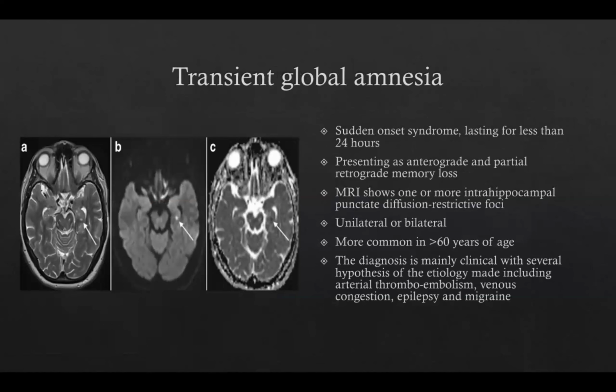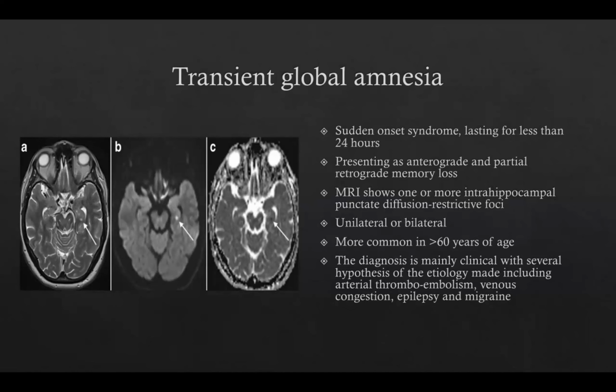In patients, especially older than 60 years of age, the patient presents with a sudden onset syndrome which lasts less than 24 hours. The patient presents with antegrade and partial retrograde memory loss. There is also a role for MRI, where you can see some punctate restricted diffusion foci within the hippocampus.